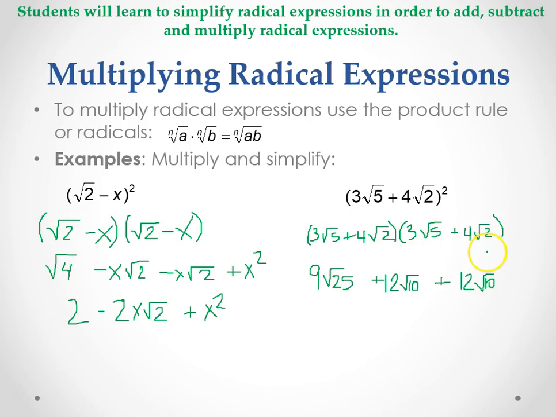And 4 square roots of 2 times 4 square roots of 2 is 16 square roots of 4.